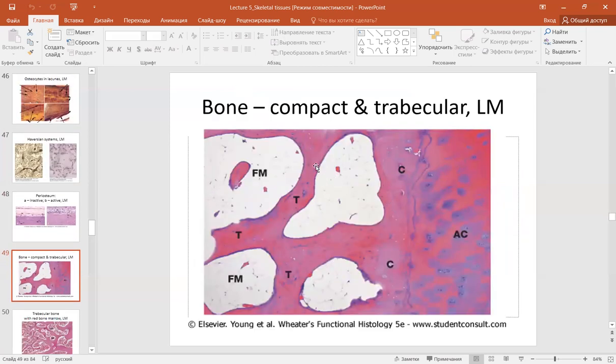Here the compact and trabecular bone, bony trabeculae. This is the bone marrow, the space which was filled with the red bone marrow and with the adipose tissue. Here is the compact bone, where the bony lamella are located in a parallel direction and calcified with hydroxyapatite calcium crystals.